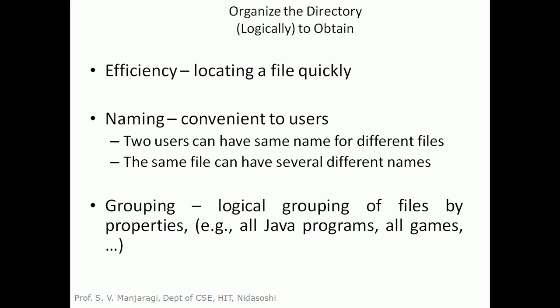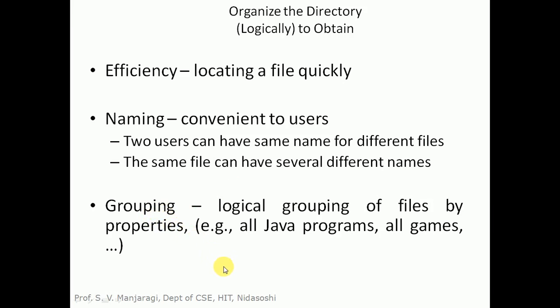A same file can have several different names. So there is something called alias. Alias means duplicate names. Physically, there is only one file, and there will be many different names assigned to that particular single file. That is called alias. And the directory must provide grouping.